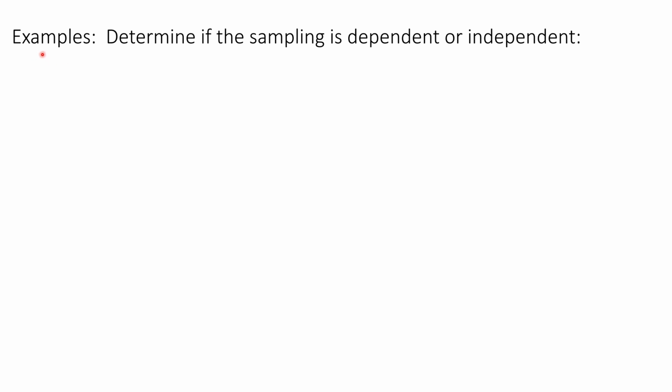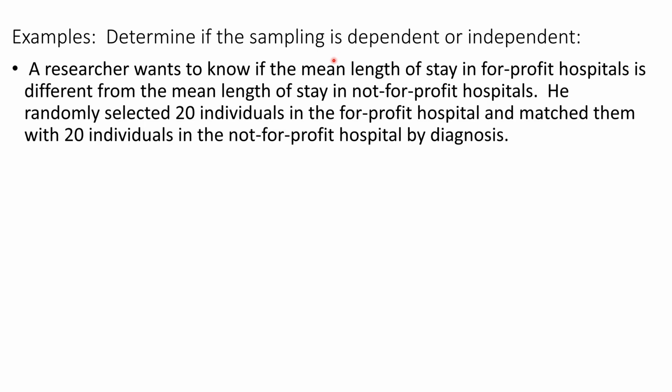Here is an example about determining if the sampling is dependent or independent. A researcher wants to know if the mean length of stay in for-profit hospitals is different from the mean length of stay in non-profit hospitals.